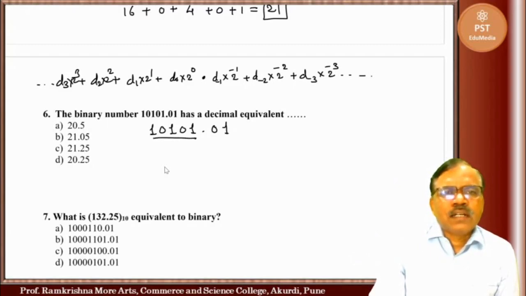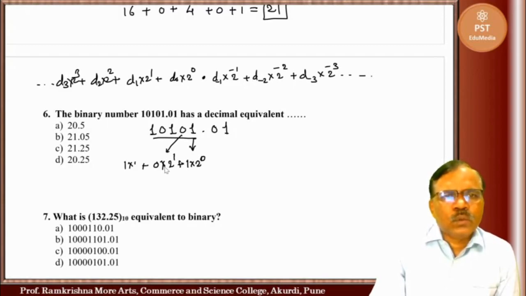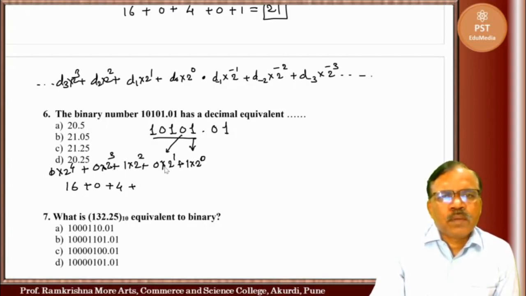Now for this part it is 1 into 2 raised to 0, plus 0 into 2 raised to 1, plus 1 into 2 raised to 2, plus 0 into 2 raised to 3, plus 1 into 2 raised to 4. So this is 16 plus 0 plus 4 plus 0 plus 1, so this one is 21.